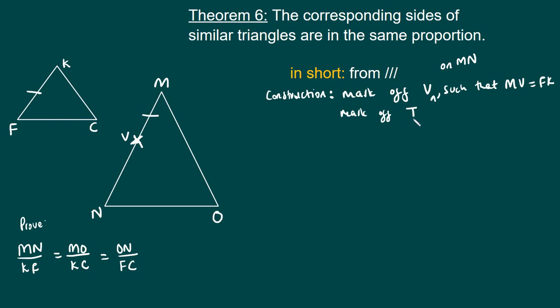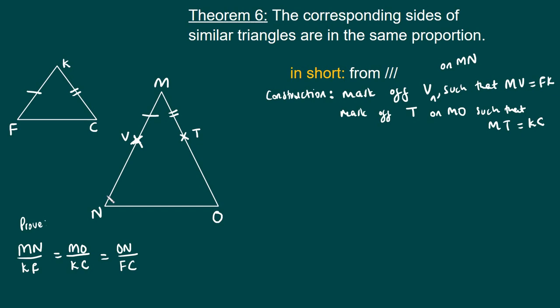And then mark off T on MO, such that MT will be equal to KC, such that this one will be equal to that one. Like I said, it's just taking this triangle and putting it here.